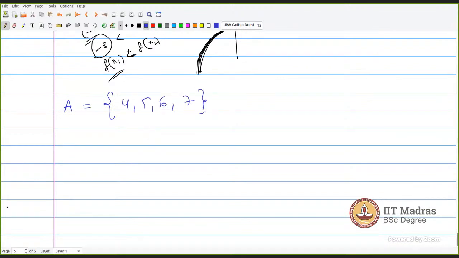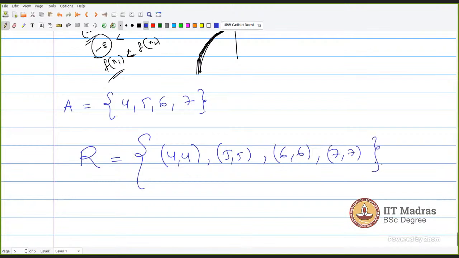And for symmetric, if AB is in the relation, then BA should be in the relation. So, sir, if a relation has only one element, 4 comma 4, wouldn't that be an equivalence relation as well? It would be transitive, and since AB is not there, it does not need to contain BA.